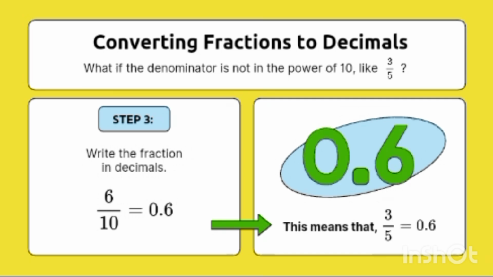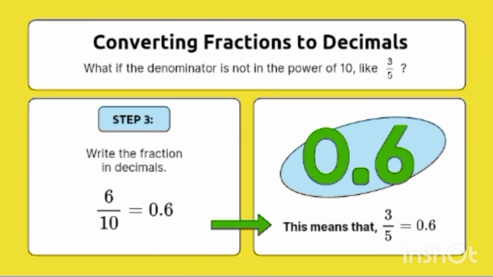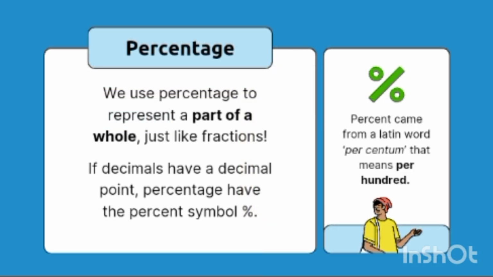Then we can easily convert that into decimals. Because we have one 0, there will be a point and one digit, so it will be 0.6. That means 3 by 5 is equal to 0.6. This is how you can convert fractions to decimals and decimals to fractions.